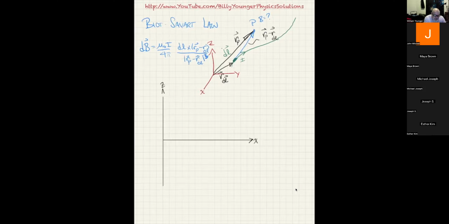And that I have a y-axis pointing into the page. Okay. I'm going to go over here.